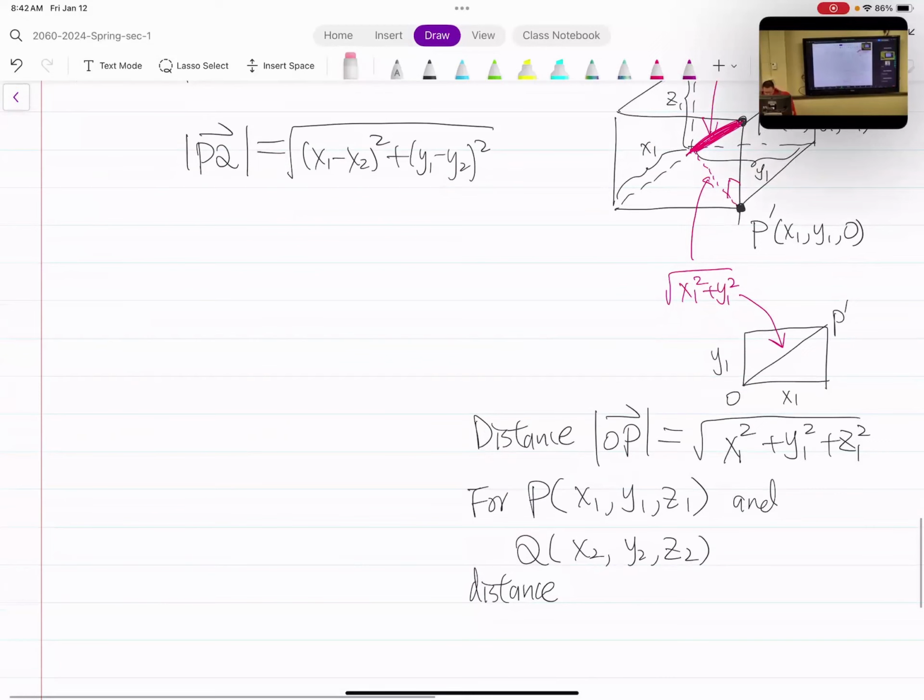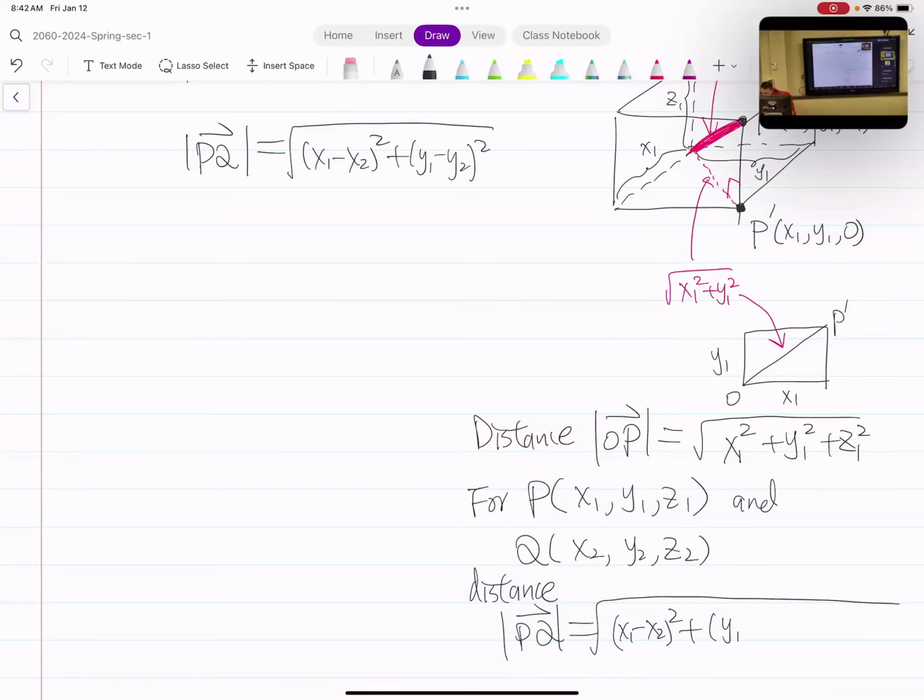So the distance from P to Q is just going to be the square root of the difference in the x coordinates squared, the difference in the y coordinates squared, plus the difference in the z coordinates squared.